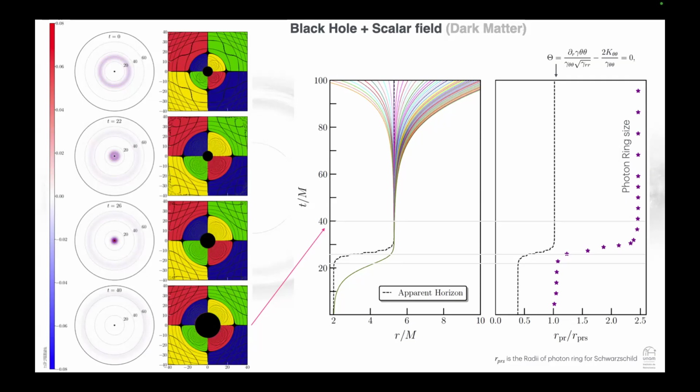Okay, this is the apparent horizon, and these are the light trajectories that are going outside or inside, as you want to see, from the apparent horizon. So basically, you are sending from infinity a bunch of photons, okay?